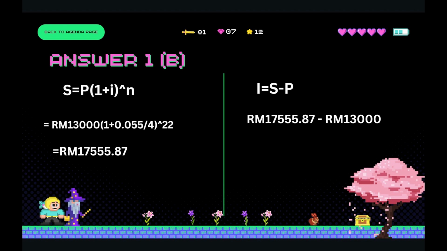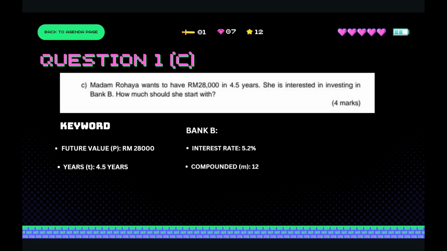1C. Madam Rohaya wants to have 28,000 ringgit in 4.5 years. She is interested in investing in Bank B. How much should she start with? So if we want to solve this problem, we can use this formula.